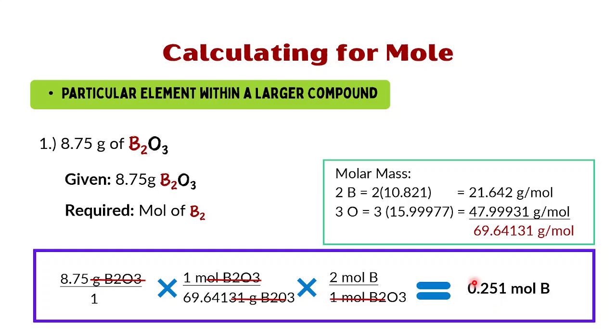So my final answer for this problem is 0.251 mole of boron. In other words, in 8.75 grams of boron trioxide, there are 0.251 mole of boron. So that's how you interpret your answer.